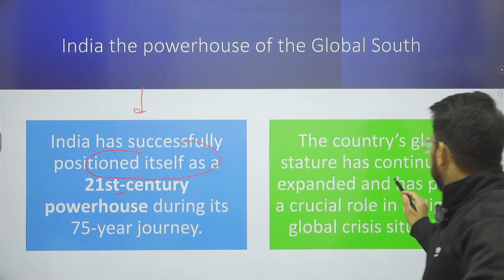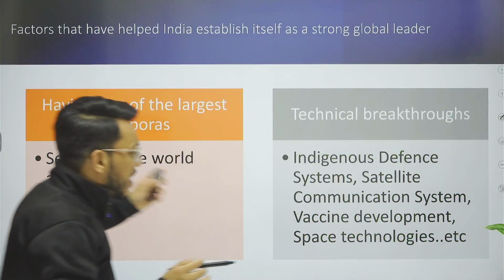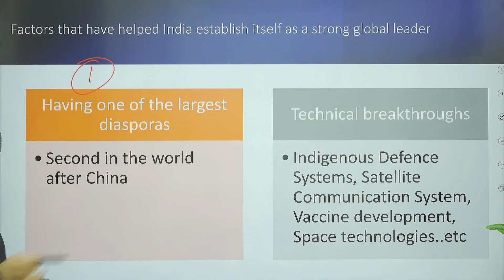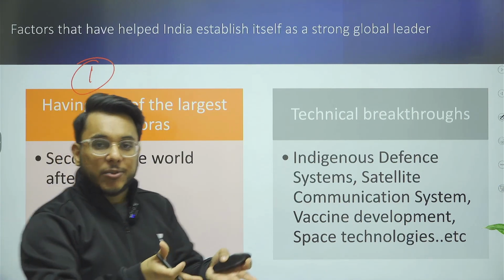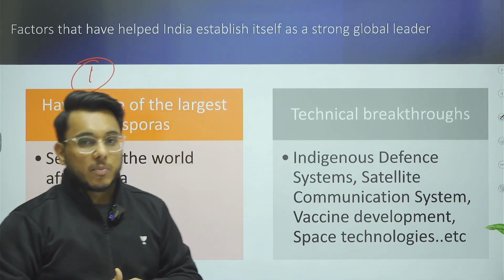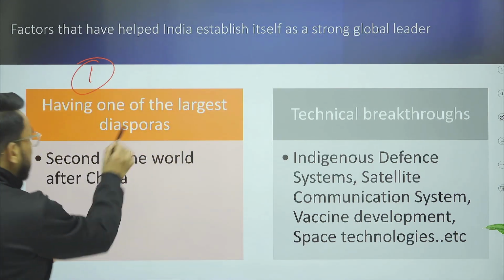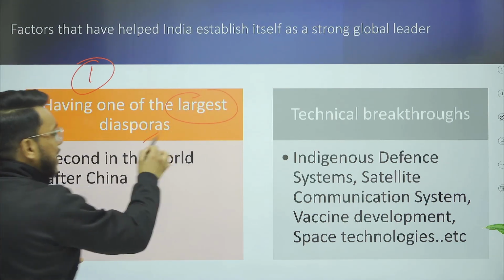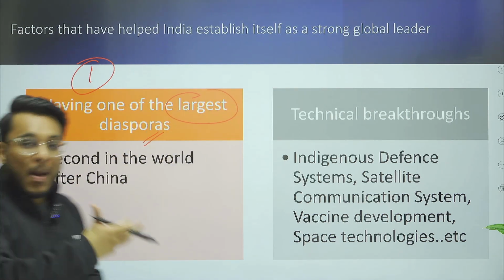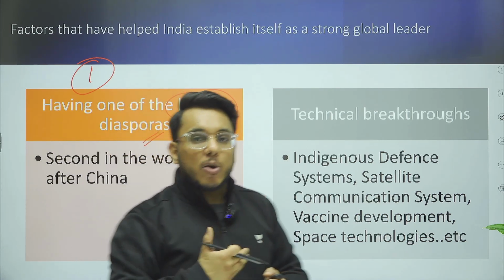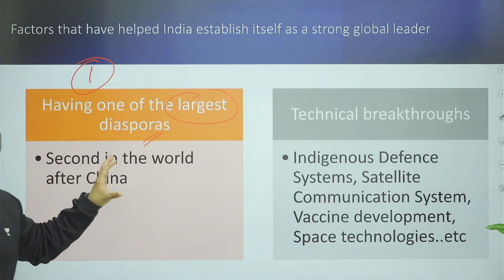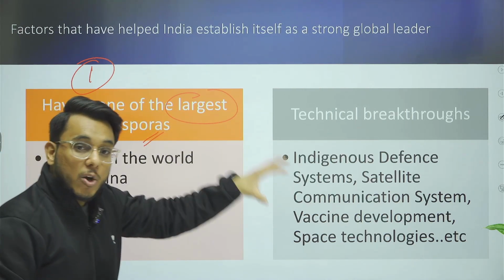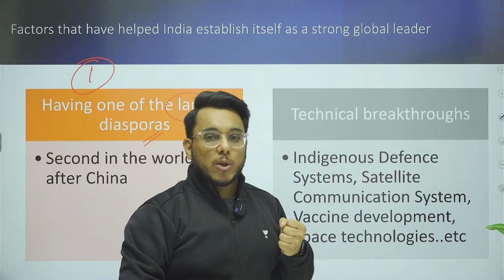Number one, we have demographic dominance. Today, we are going to be the most populous country in 2023 as per the United Nations World Population Prospects report. Moreover, India has a rich diaspora. India has the largest diaspora today, after the Chinese diaspora, of people living in other countries, which can help as ambassadors of India's soft power in those countries.